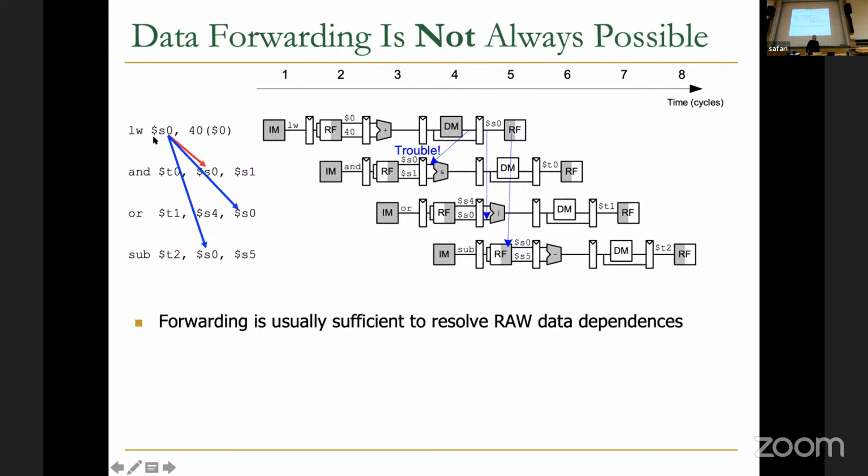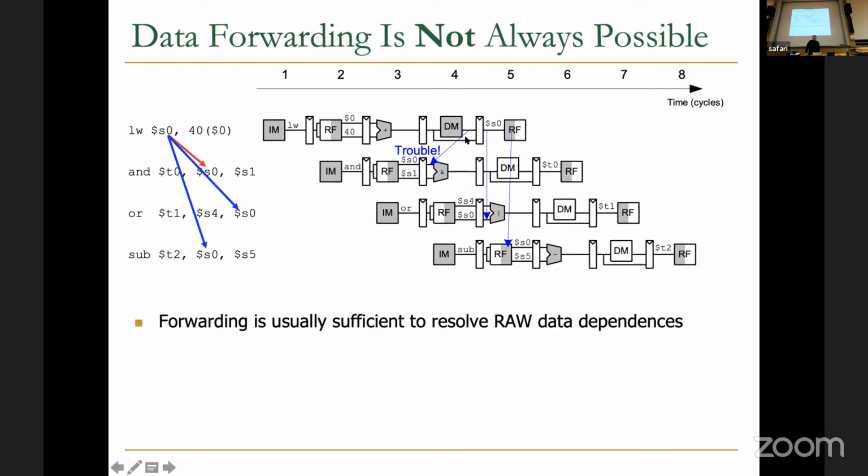You don't have the result of S0 in the memory stage, because in the memory stage you access the memory and read the value, and then in the write back stage you have the value. The next instruction, which needs S0, needs the value in the execution stage, and you don't have the data right now.